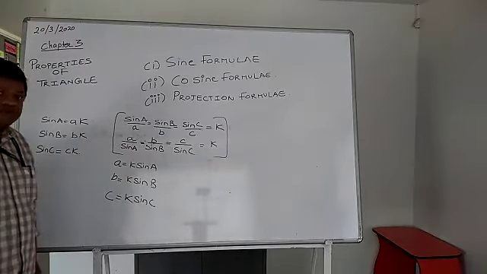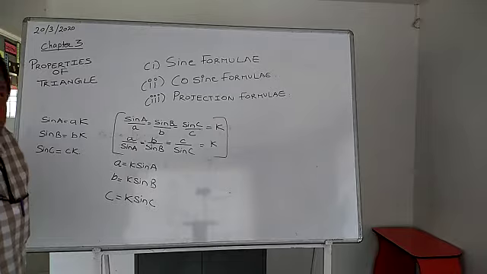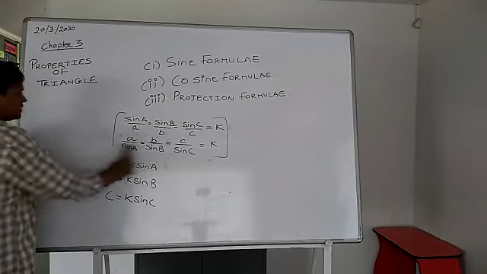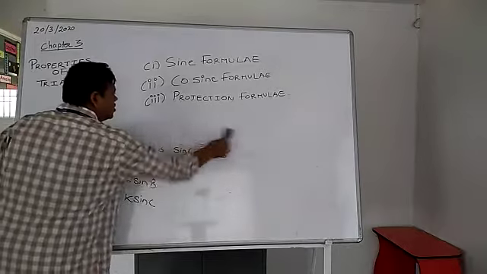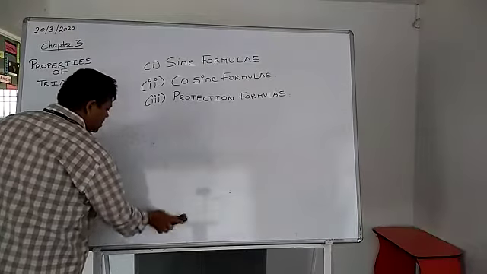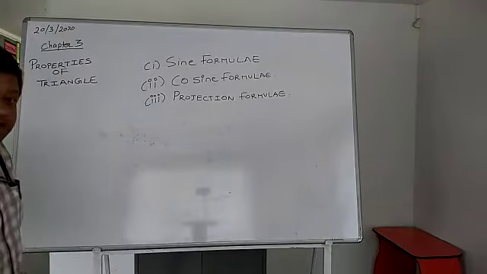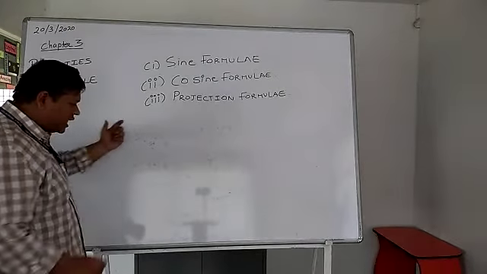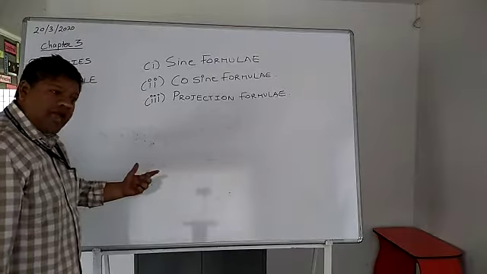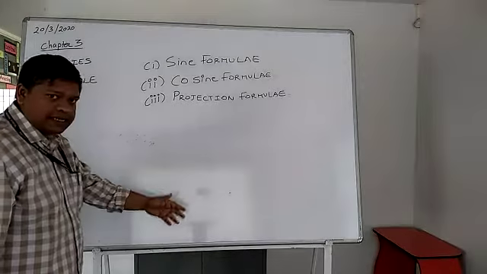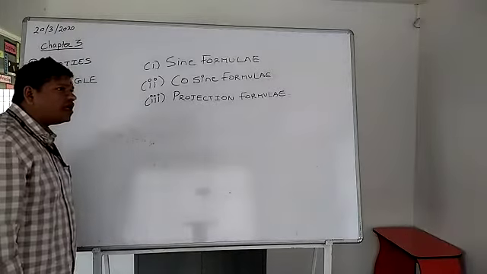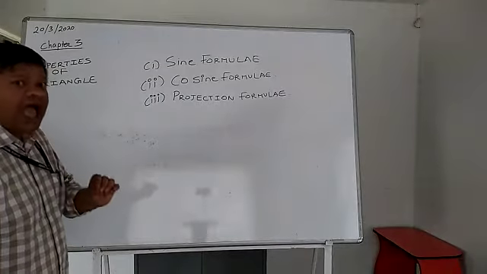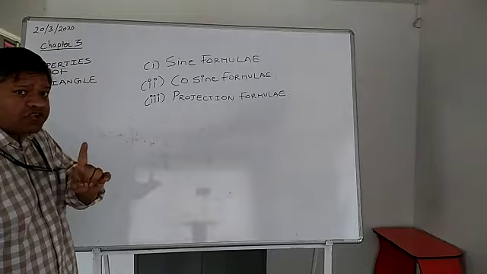Now coming to the other formula, which is the cosine formula. Please see how the cosine formula works. The sine formula was a relationship between all three sides a, b, c and all three angles sin A, sin B, sin C, while the cosine formula is a relationship between all three sides and only one angle of the triangle.